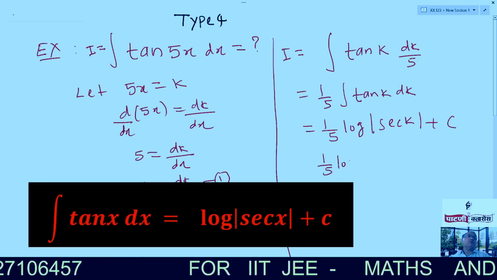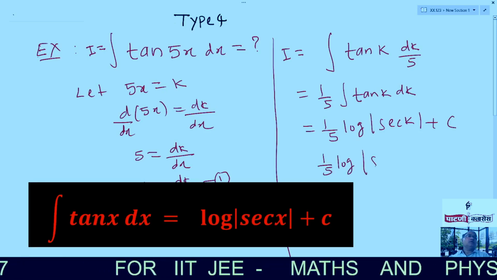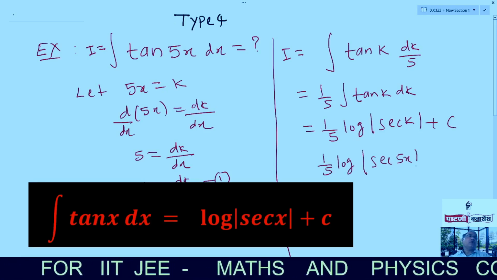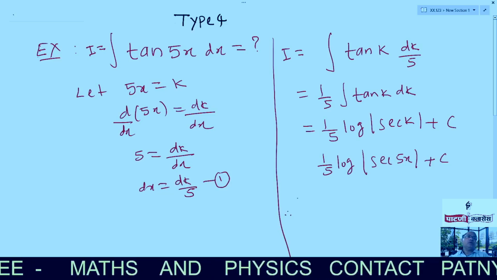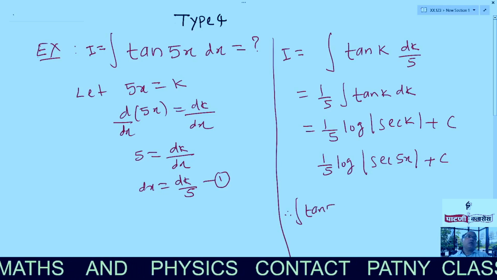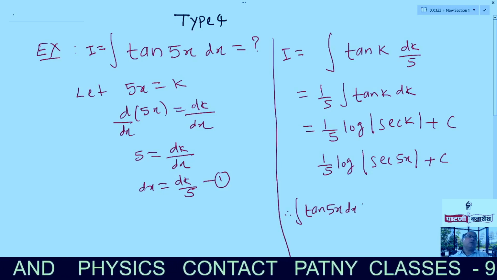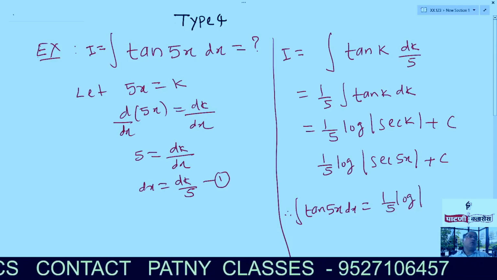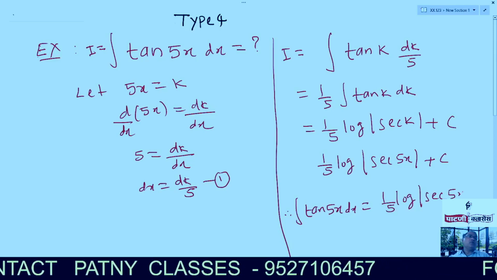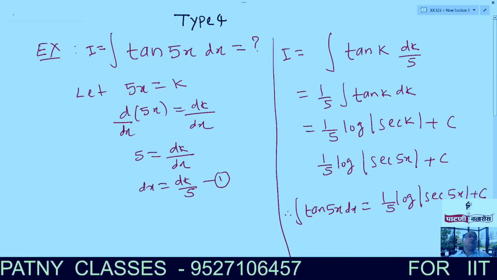Back substitution, k value is equal to 5x, so sec of 5x plus c. Therefore integration of tan 5x with respect to x equals 1 upon 5 log of modulus sec 5x plus c.